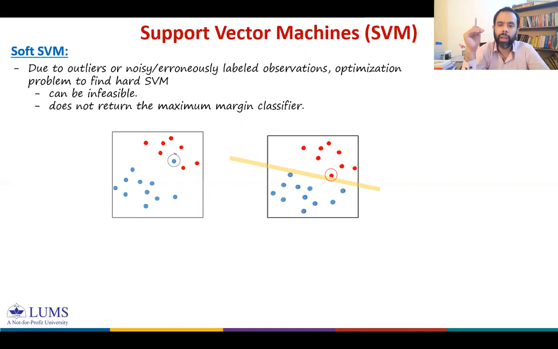When you attempt to find a separating hyperplane for this problem, since the data is not linearly separable, the optimization problem would be infeasible because the constraints require all the points to be classified correctly.